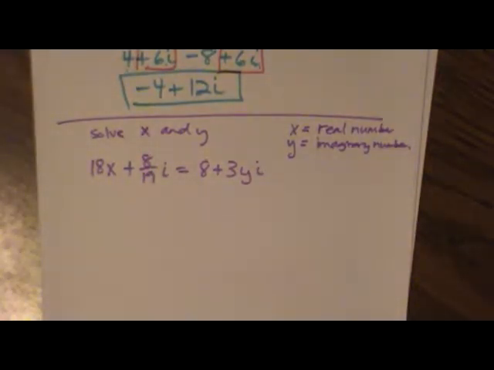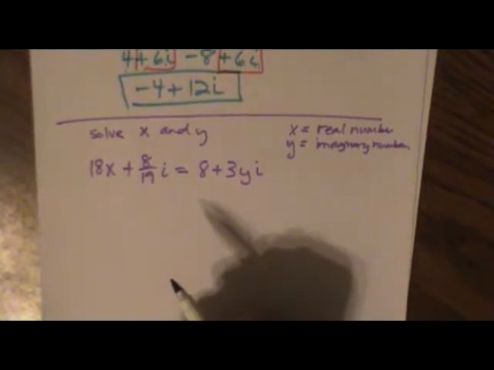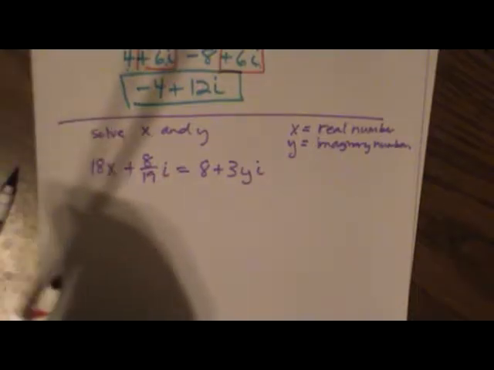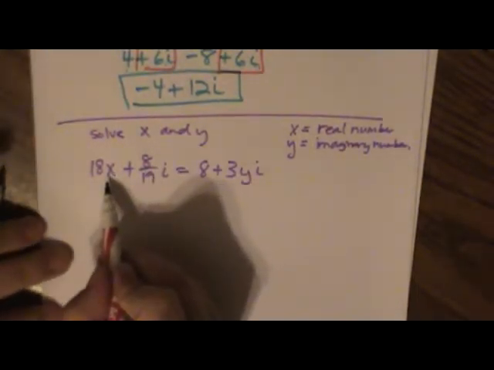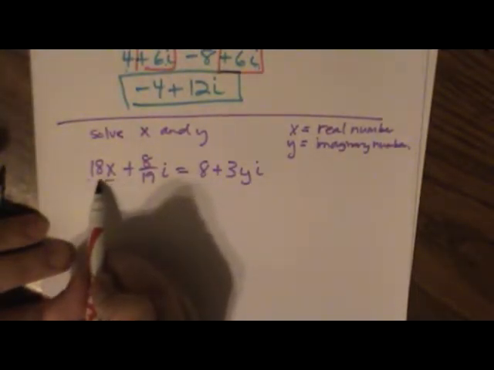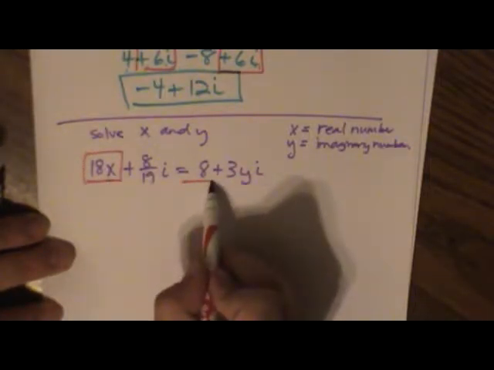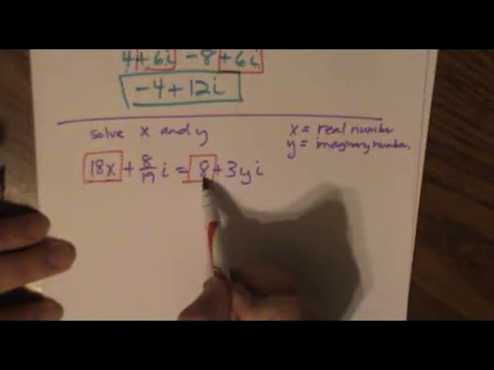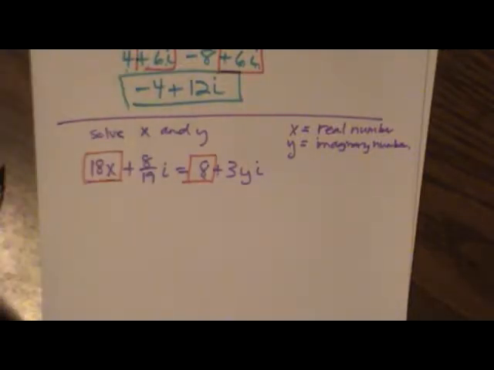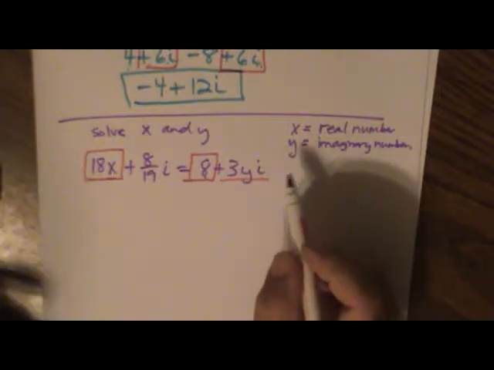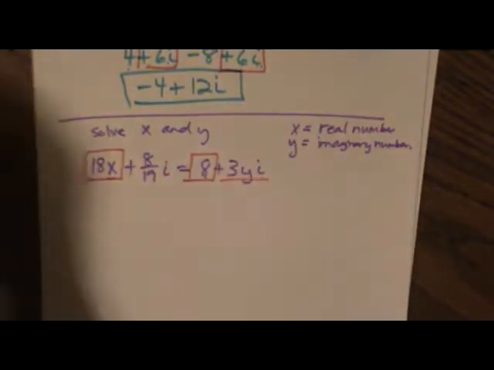What we need to do is find our x's and find our y's. What's our x? We have an x here, and if you notice, it's with the real parts. So here's an x with the real part, and here is the real part over here. And our y is with our imaginary part.